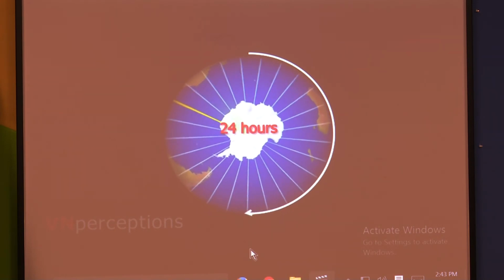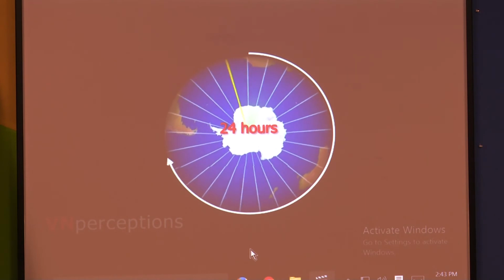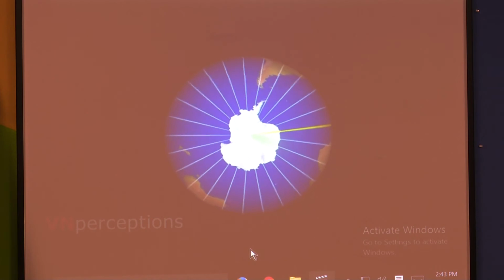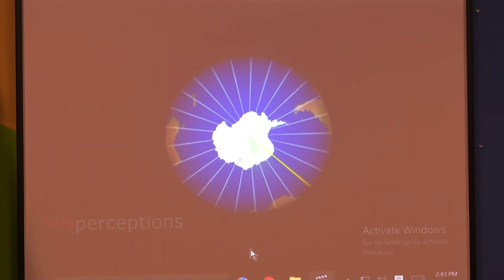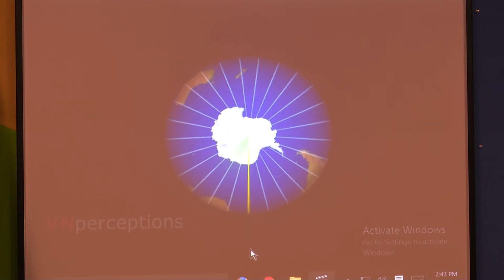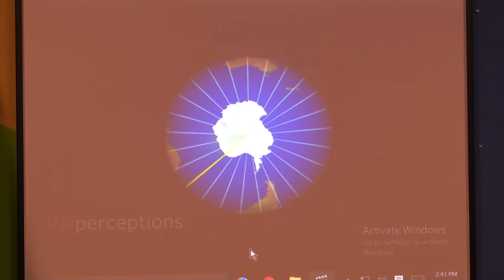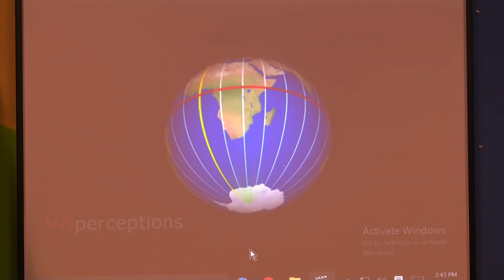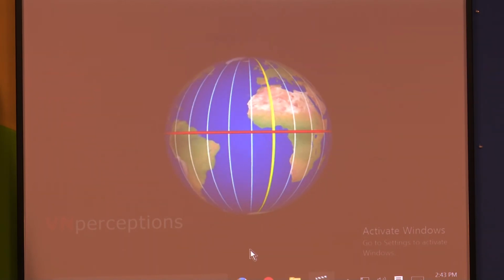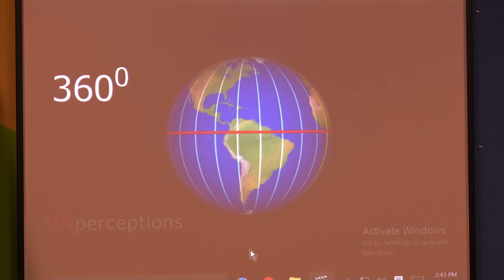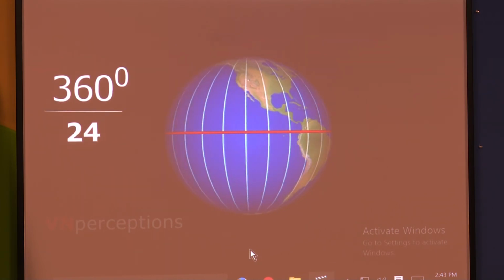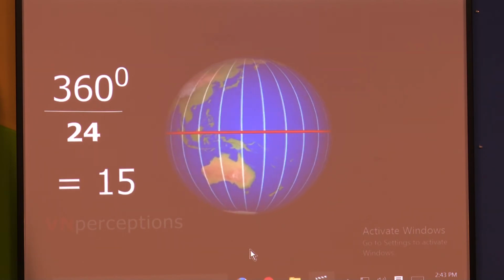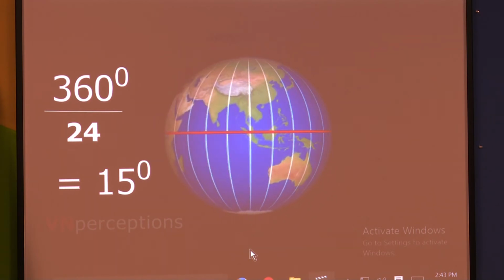That means the earth rotates 360 degrees in 24 hours, or I can say the earth travels an angular distance of 360 degrees in 24 hours. So in 1 hour, how much will it travel? It is 360 divided by 24. The answer is 15. That means the earth rotates 15 degrees in 1 hour.